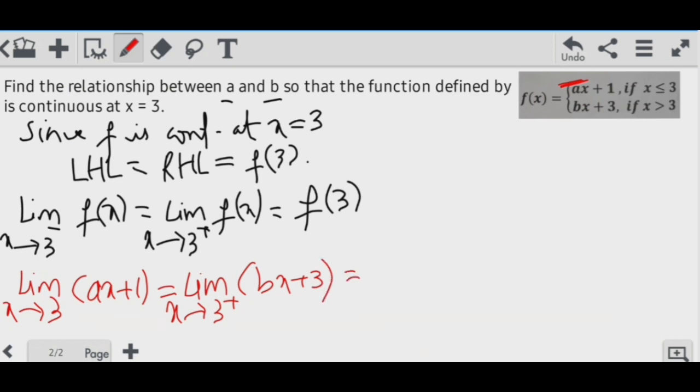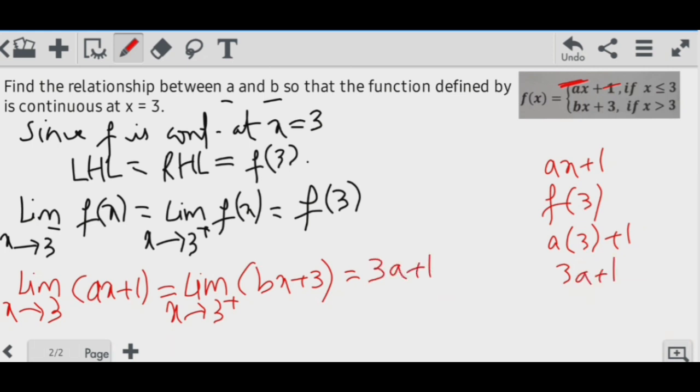This is exactly equal to f of 3. For that you have again the first branch, that is ax plus 1, and we want f of 3, so it will be a into 3 plus 1, that is 3a plus 1.